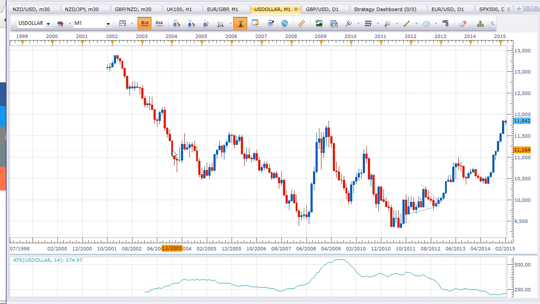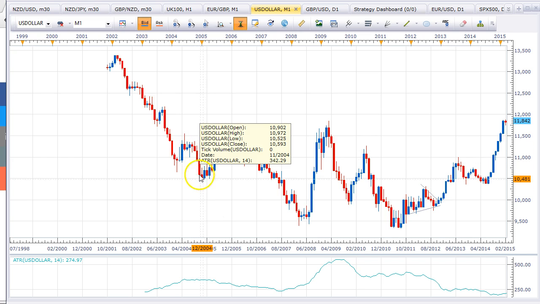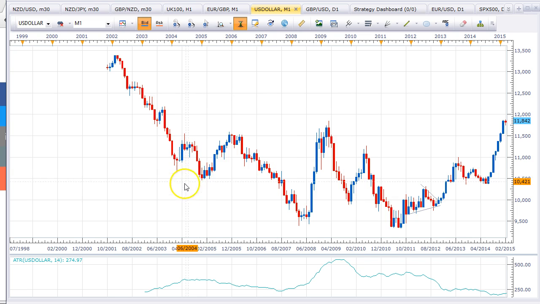So Bush, second term in office, 2004, and this is November. You can see November here. It is this candle, 2004, a bigger candle than this one, and actually quite bearish, sort of 500 pips.